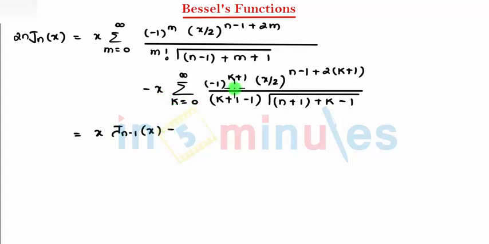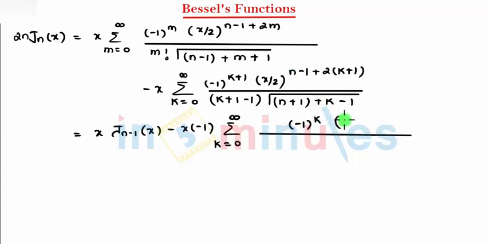Since there is a minus 1 raised to k plus 1, it is minus of x, and further minus 1, summation k equal to 0 to infinity, and this comes to be (-1) raised to k, the whole divided by, the next term is (x/2) raised to n plus 1 plus 2k, divided by k factorial gamma of n plus 1 plus k plus 1.